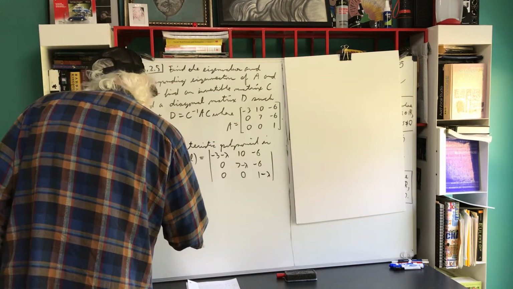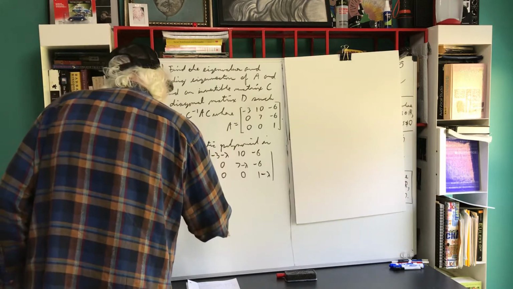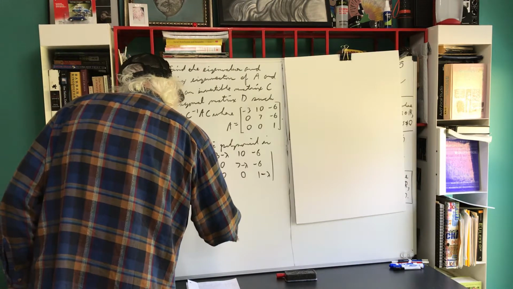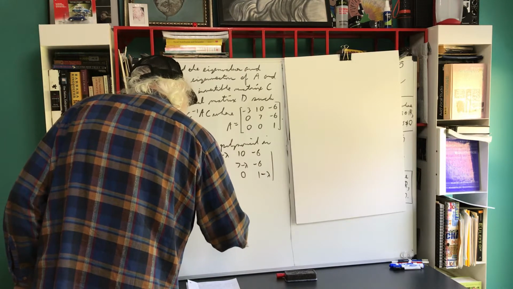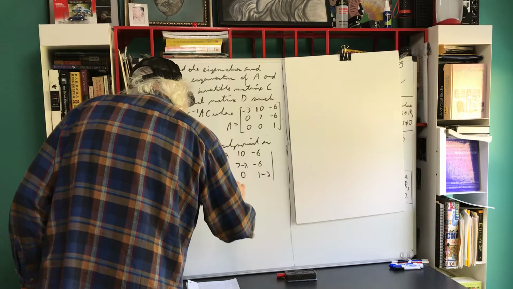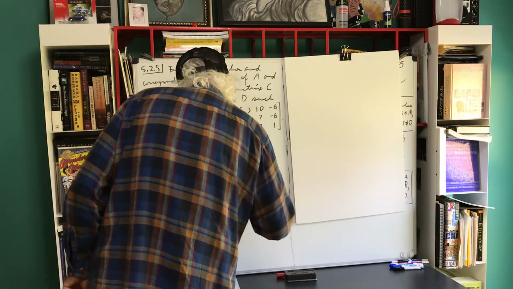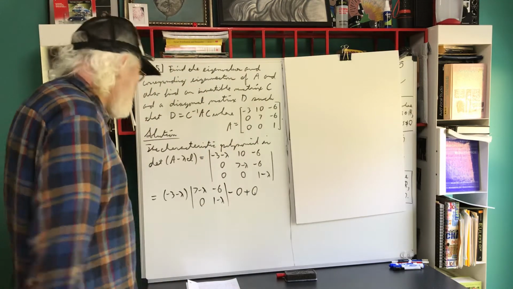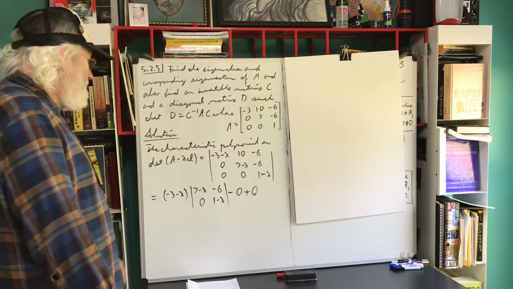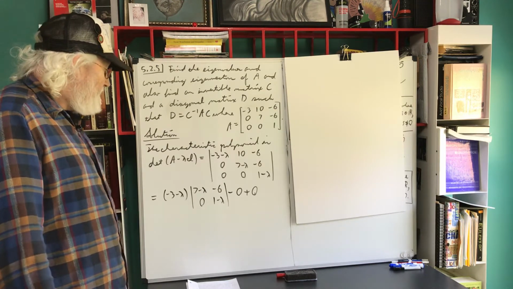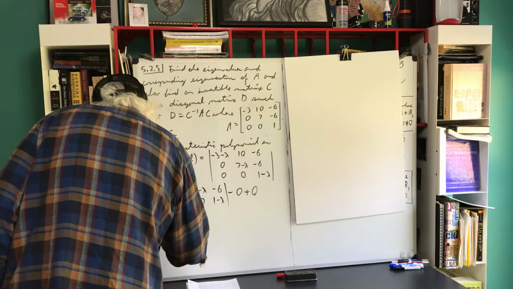So we get negative 3 minus lambda, the 1, 1 entry, times the determinant of the associated minor matrix, 7 minus lambda, negative 6, and then 0, 1 minus lambda for the rows, minus 0 times something, plus 0 times something, going down the first column, emphasizing the positive, negative, positive thing still, because it matters. I'm taking advantage of the zeros, so I don't need those other little minor things.